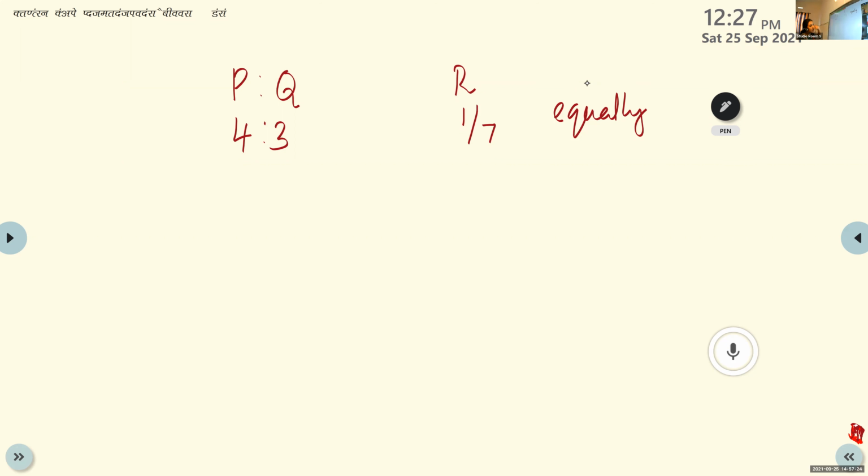1/7 is the share of R. This 1/7 includes 1/2 from P and 1/2 from Q. Correct?